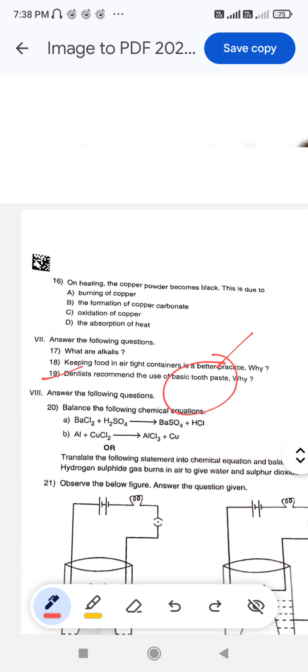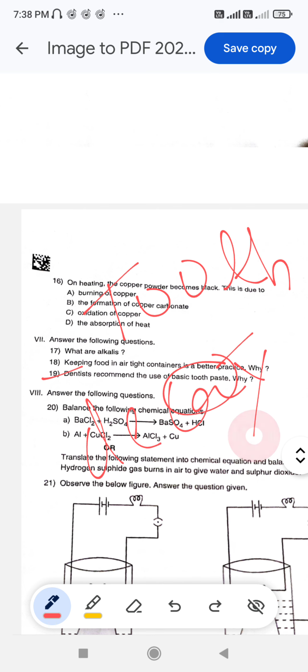Otherwise, if you are not using basic toothpaste, what will happen, sir? Then tooth decay will start, because of the higher concentration of acid in our mouth. So for that you have to use a basic toothpaste.